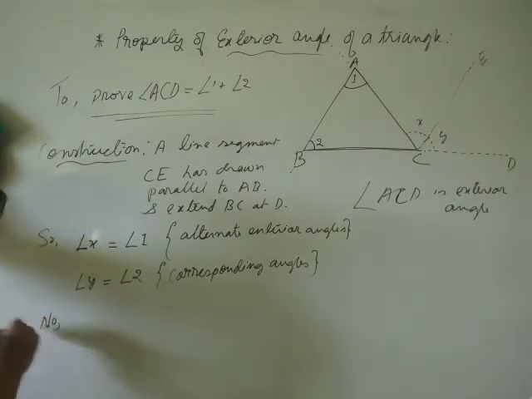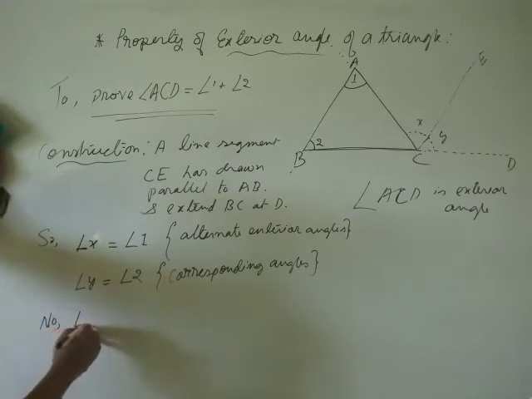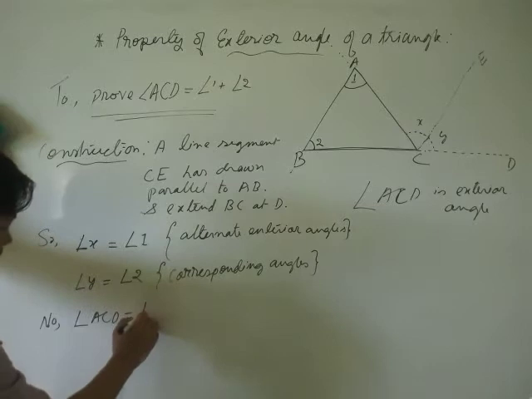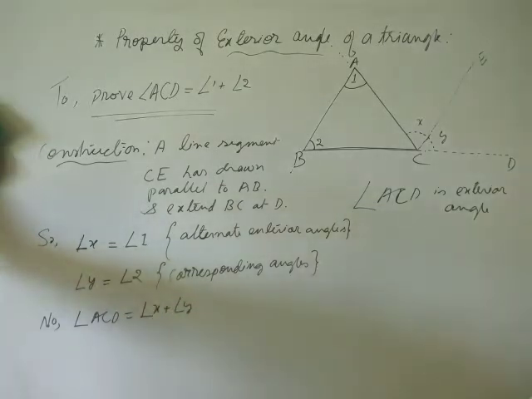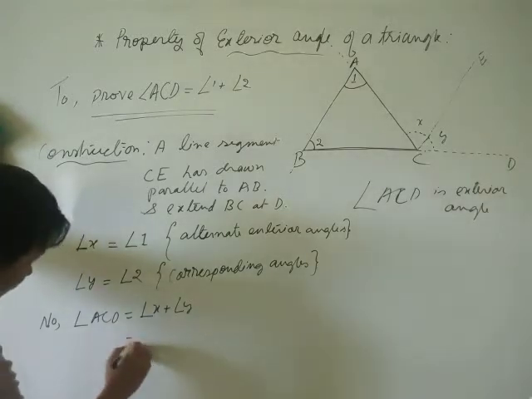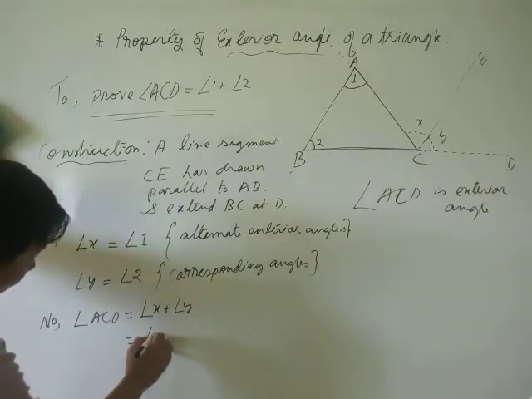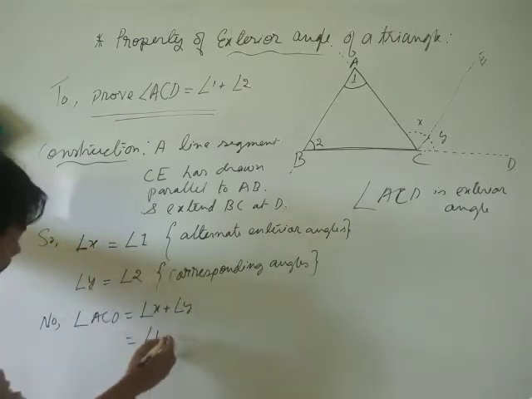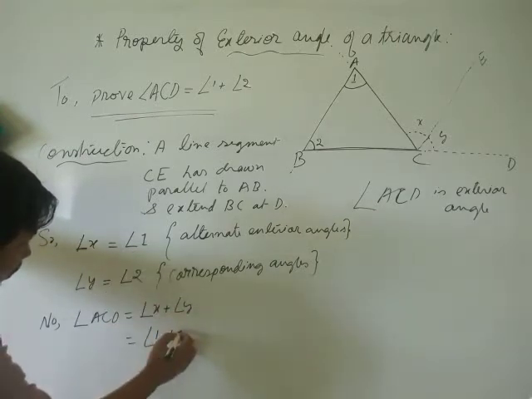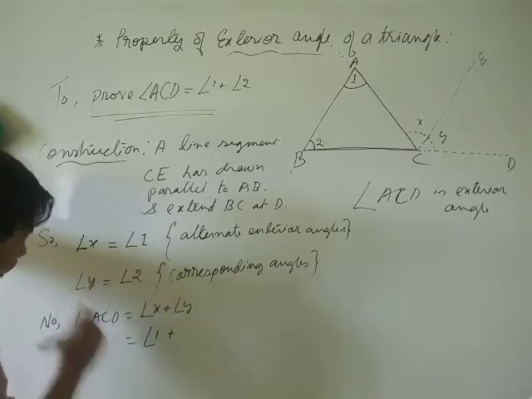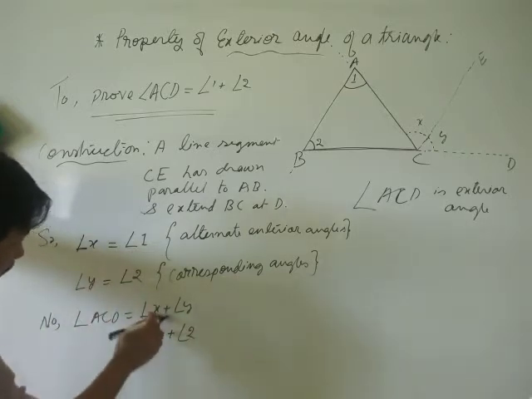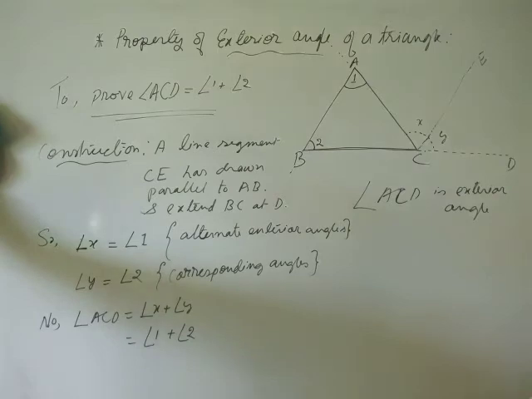Now you can see here, we know that angle ACD is equal to angle x plus angle y. Yes or no? Yes. That means angle ACD is equal to angle 1, since x is 1 now, plus y is angle 2, isn't it? In the place of x and y, we can put 1 and 2, so 1 plus 2.